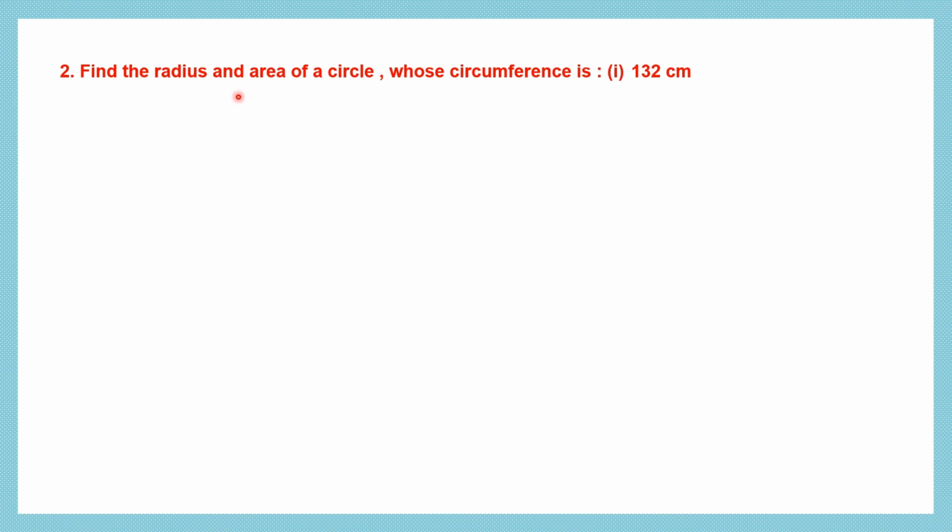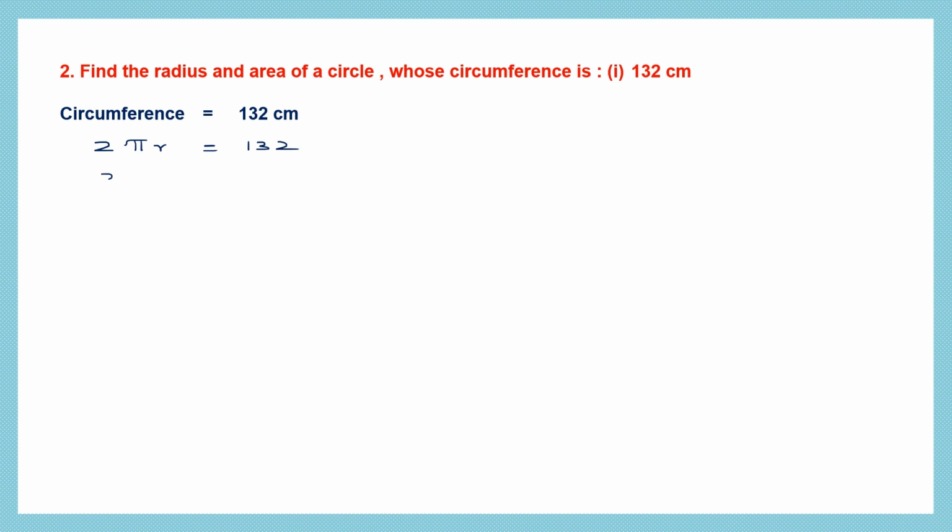Question 2. Find the radius and area of a circle whose circumference is given. The first one is 132 centimeters. With the help of this, first we find the radius, and once you find the radius, you can find the area. The circumference of the circle given to us is 132 centimeters, and the formula for circumference is 2 pi r. 2 pi r is 132.